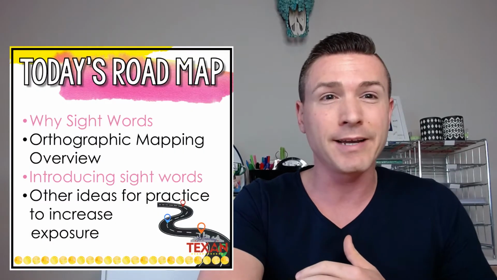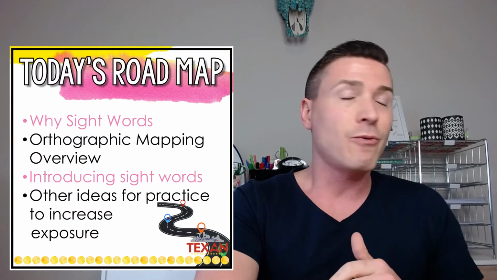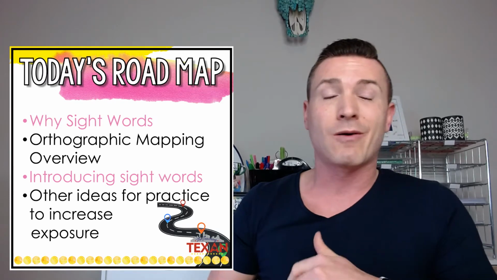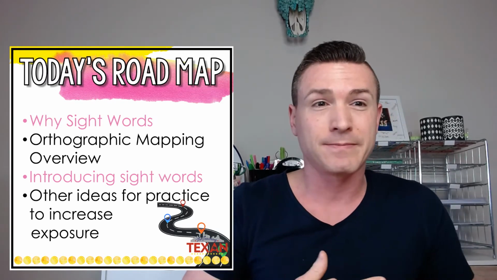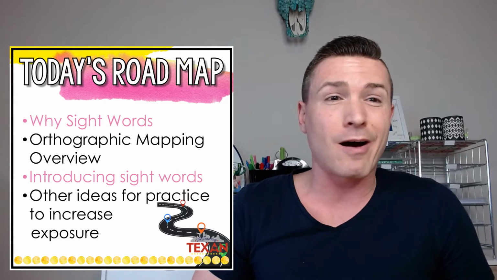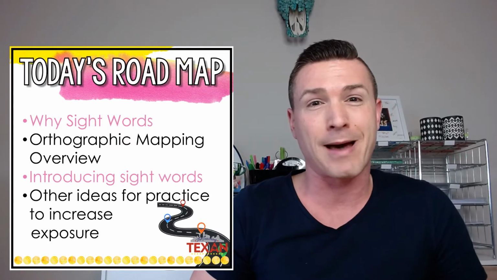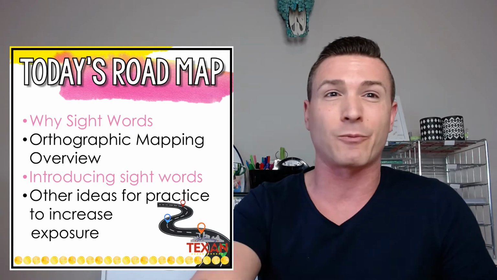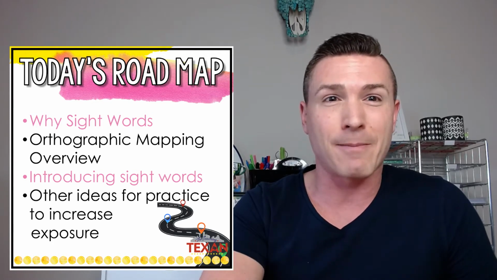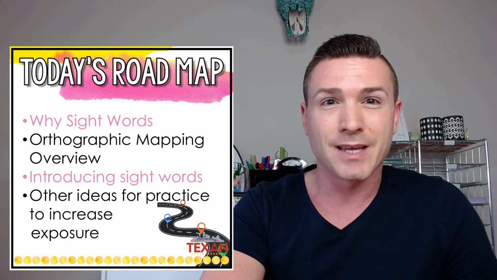So here is our roadmap for today. We are going to talk about why we should be teaching sight words. We're going to do an orthographic mapping overview. If you haven't heard of orthographic mapping before, that's totally fine because we are going to chat about it together.